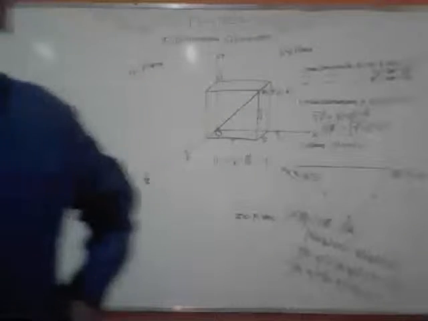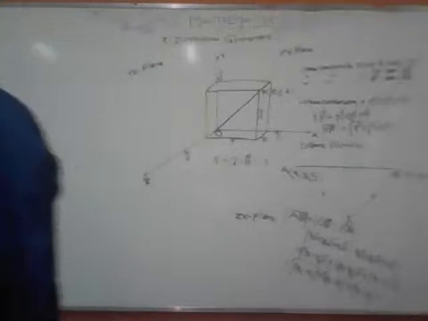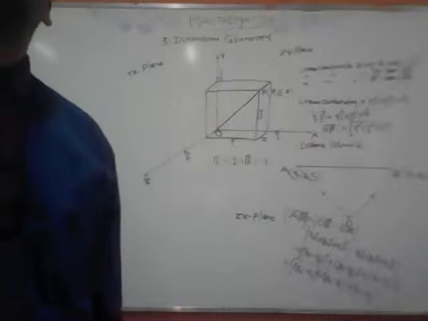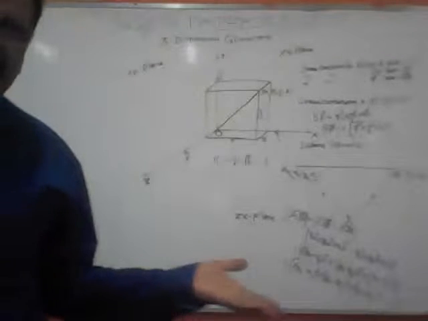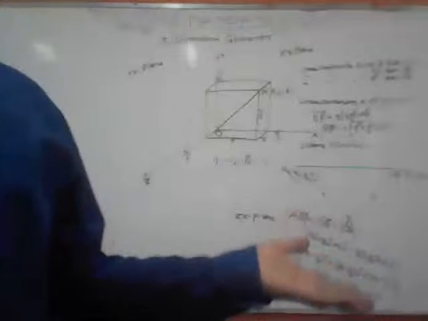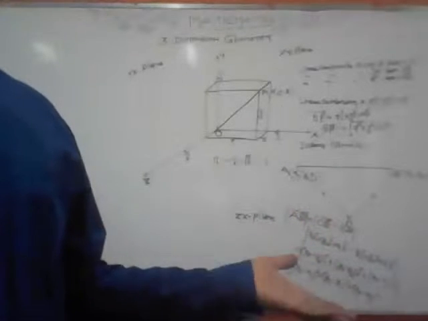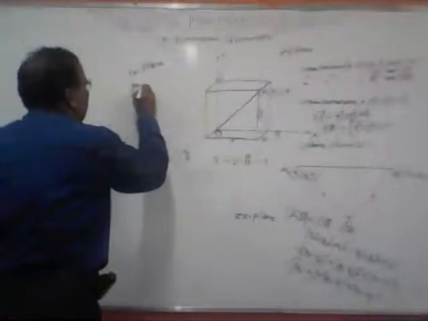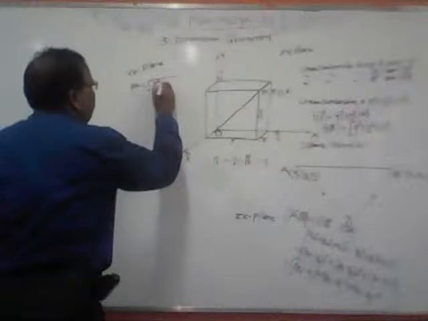Let PA, PB and PC be the distances of a point P whose coordinates are x, y, z from the coordinate axes OX, OY, OZ respectively, then PA is equal to the square root of y squared plus z squared.